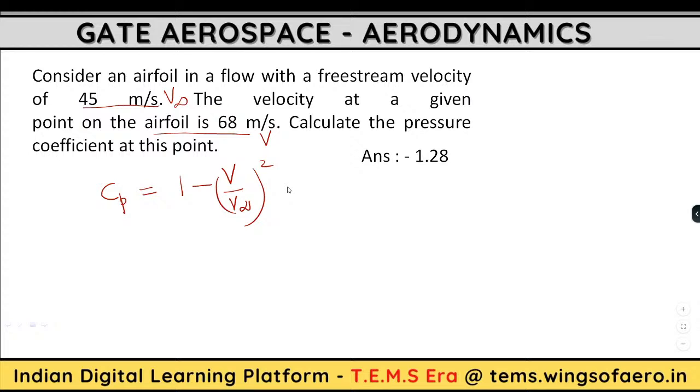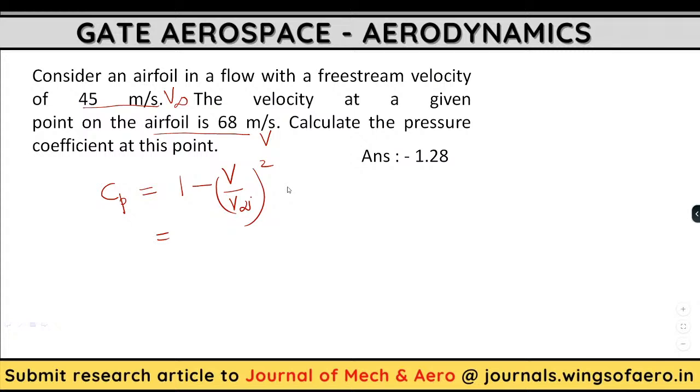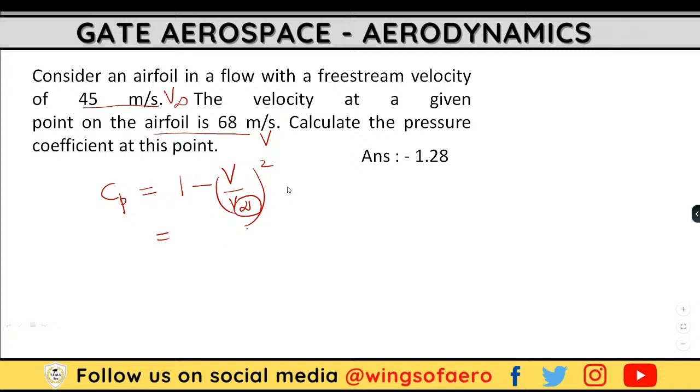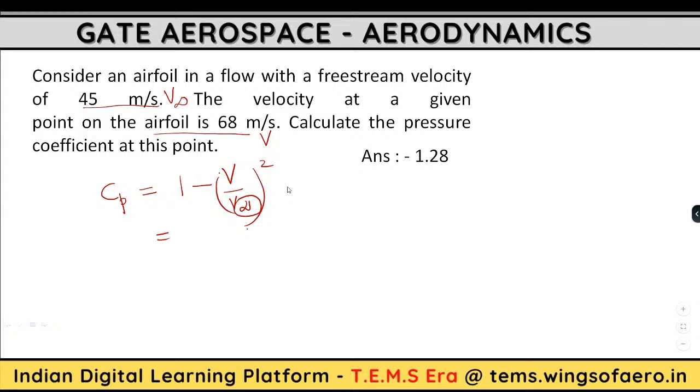Yes, ma'am, it's correct. So how I remember is the infinity term will be in the denominator, in the bottom, and the other term will be in the top. This is how I used to remember this formula. So 1 minus V by V infinity.